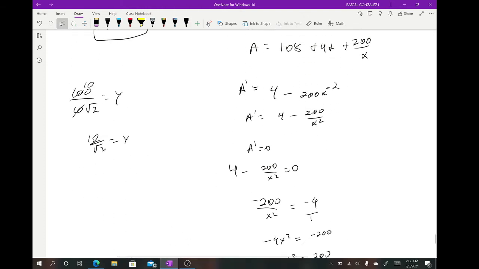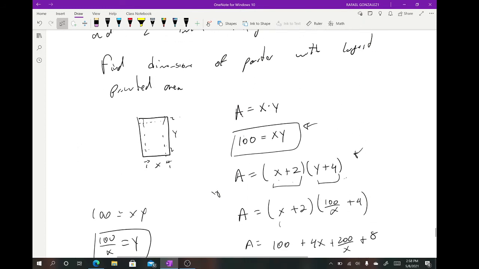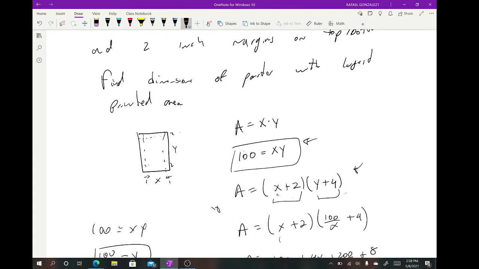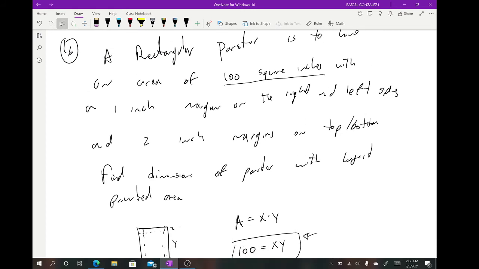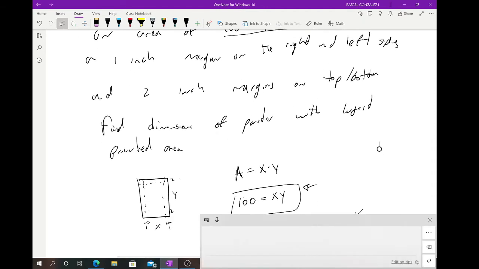The most difficult part of the problem, to be honest with you, is just figuring out this relationship of x plus 2 and y plus 4. That is not easy to do, and you have to get a lot of practice with these word problems to actually figure it out. So I do suggest going back to the optimization homework and practicing, because it's just practice.